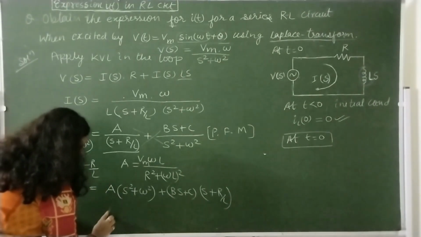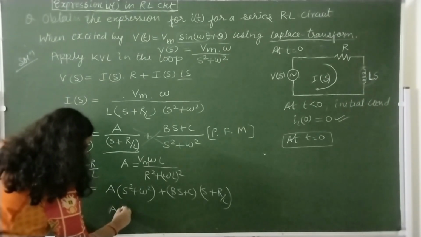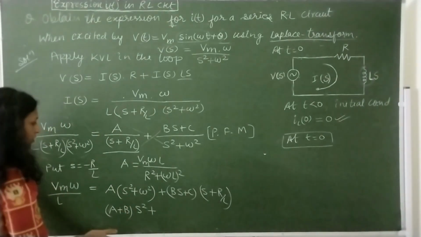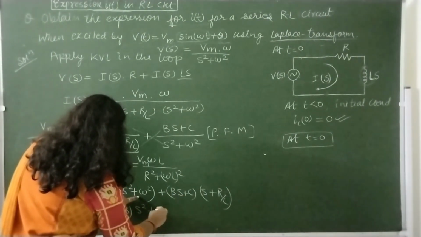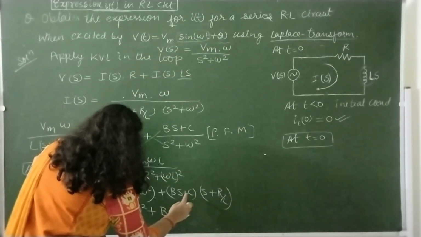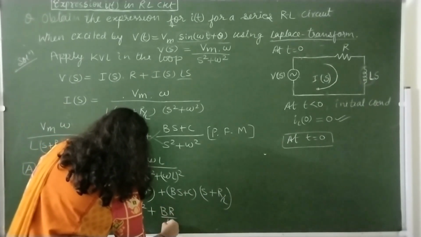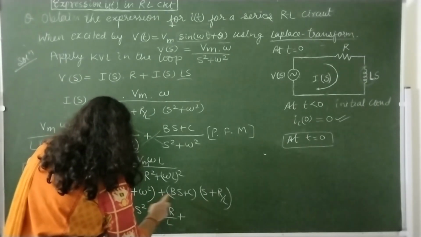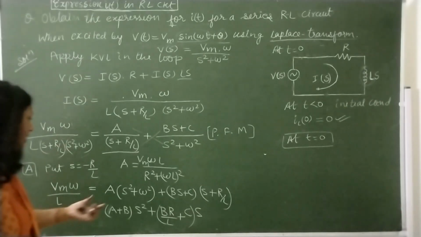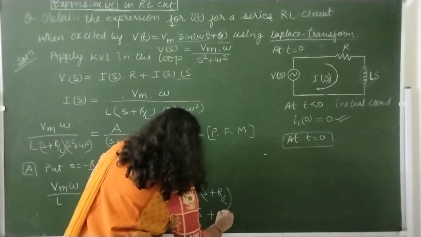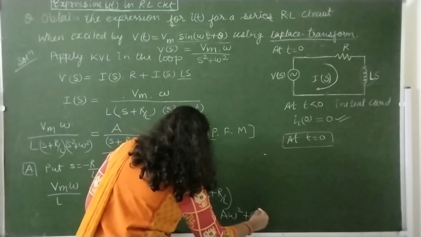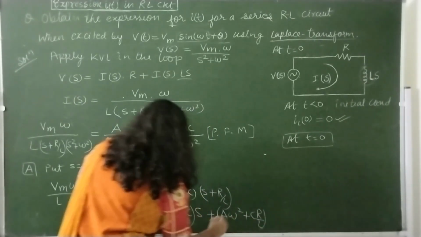So here coefficient of s square is A plus B. Okay, there are two terms of s square, and terms that is B R by L and another term is C, that is coefficient of s, and third term is constant A omega square and C R by L. Okay, this is constant term.